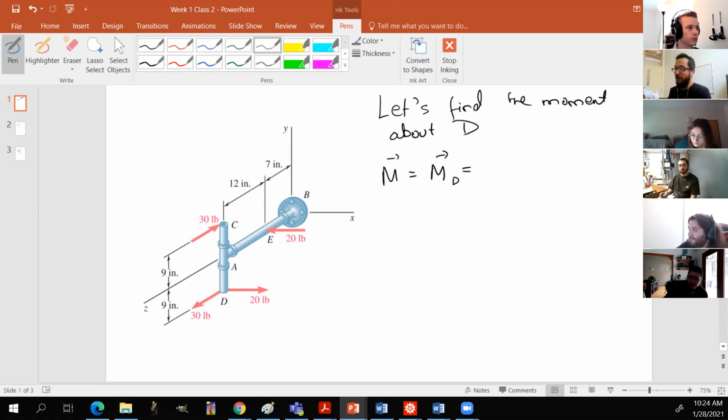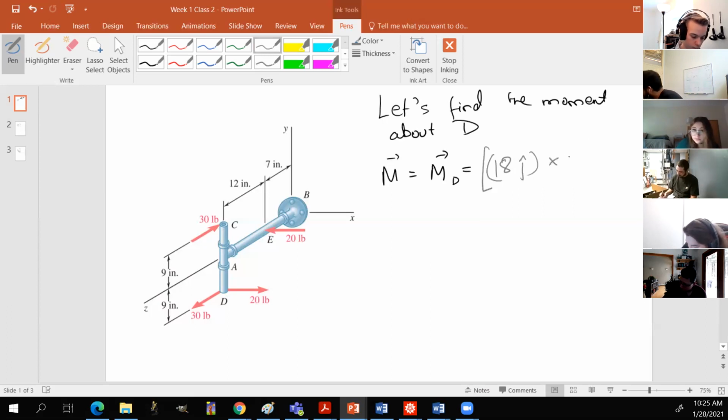All right, so then you have your R for this 30-pound force, which is 18 inches in the positive Y direction. So you have 18 inches J hat. So that's the first term, crossed with 30 pounds, and that is acting in the negative Z direction, right?